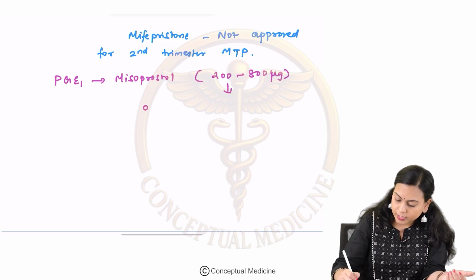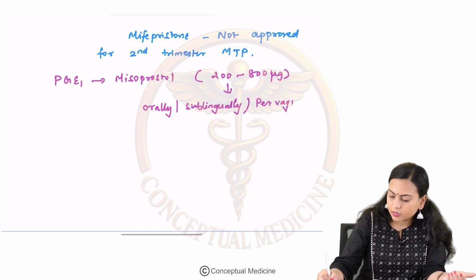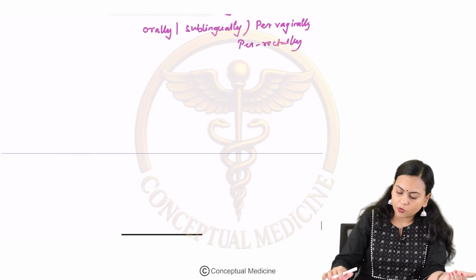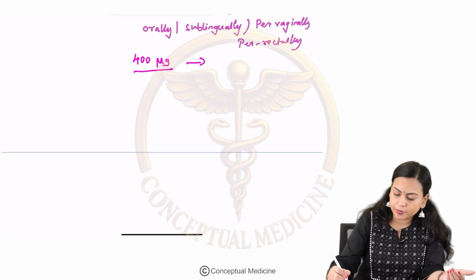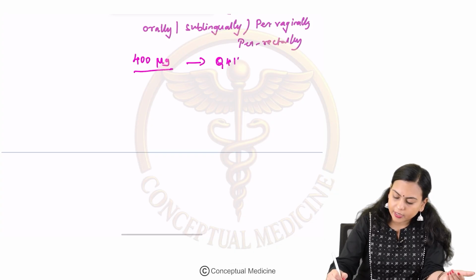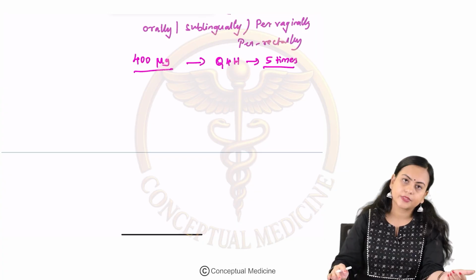As I told you, it can be given orally, sublingually, per vaginally, or even per rectally. But the most common dose we use is 400 microgram, and it has to be repeated every 4 hours, and you can use it up to 5 times. Clear?